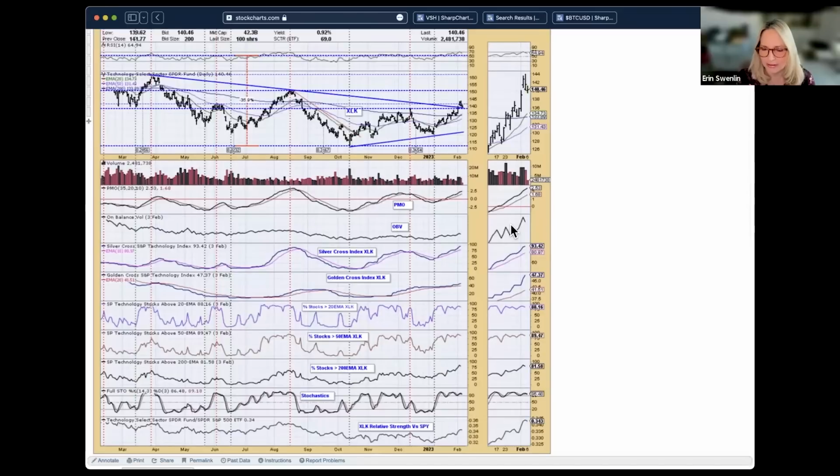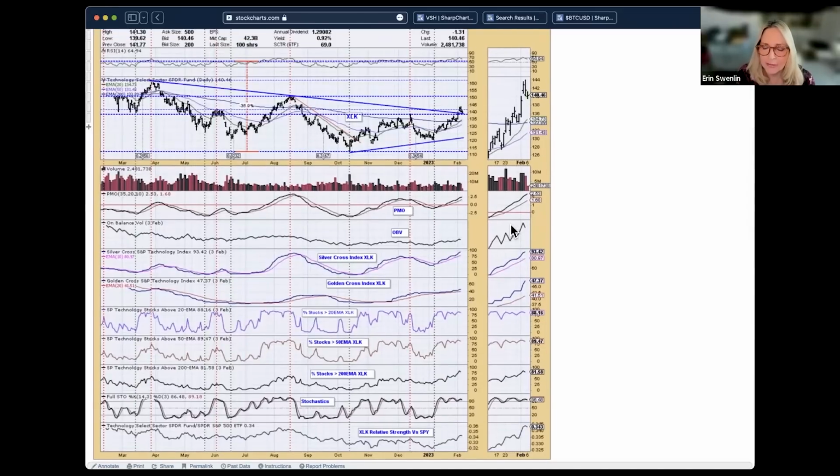There are a lot of great things going on with XLK, but we can look under the hood and see whether that strength is going to be lasting. Is there a strong foundation for this to continue? Excuse me, itchy eye. When we look underneath, I'd say yes. I'd say there is still an opportunity for technology to continue higher.